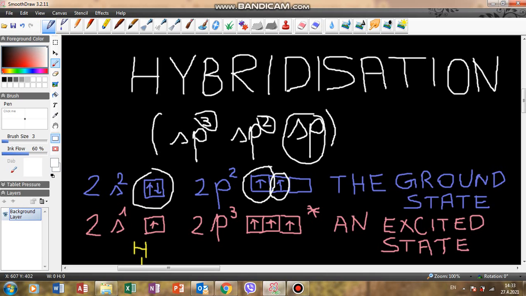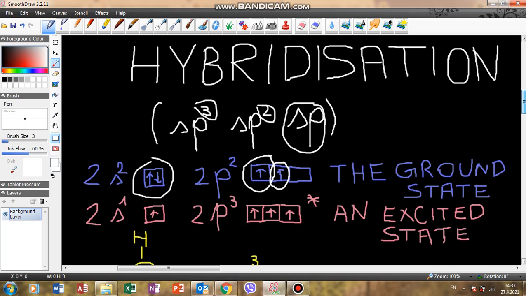So in order to start its hybridization, carbon atom needs to convert from ground state to excited state.